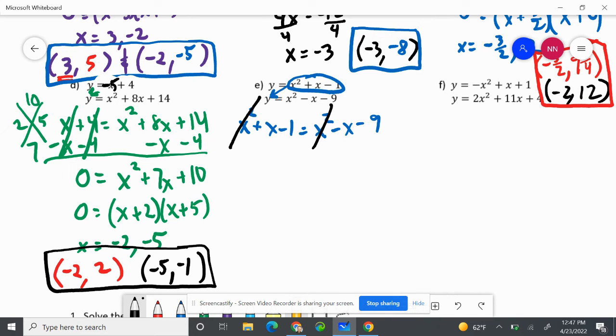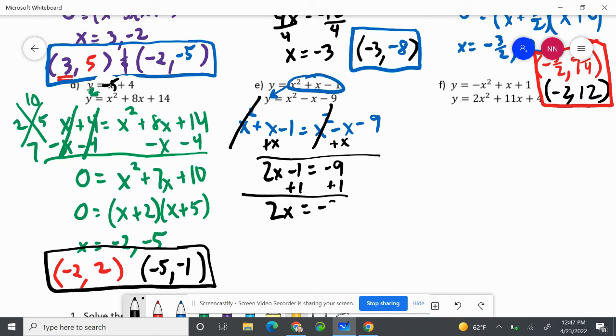What I want to do is get the x's together, so I add an x. And that gives me 2x minus 1 equals -9. I add the 1, and that gives me 2x is equal to -8. I divide by 2. x is equal to -4.